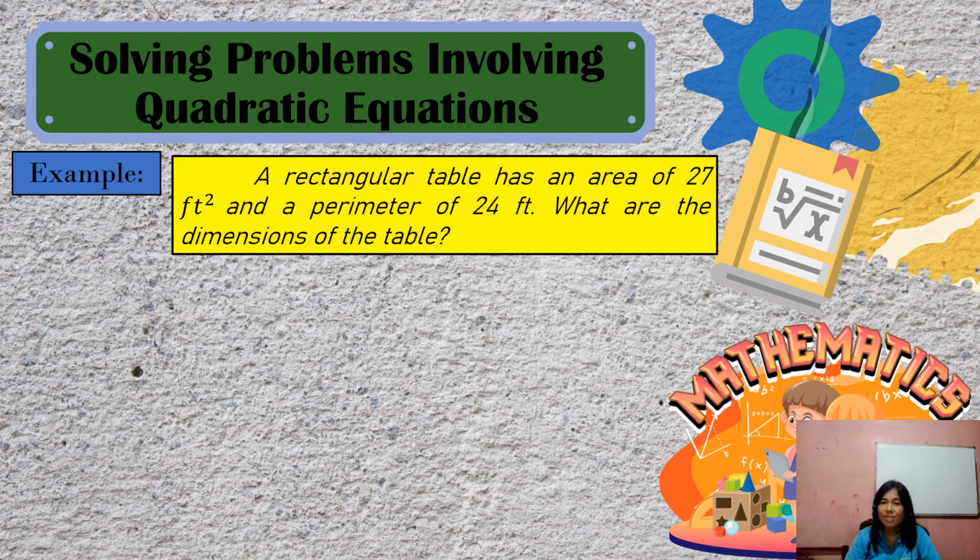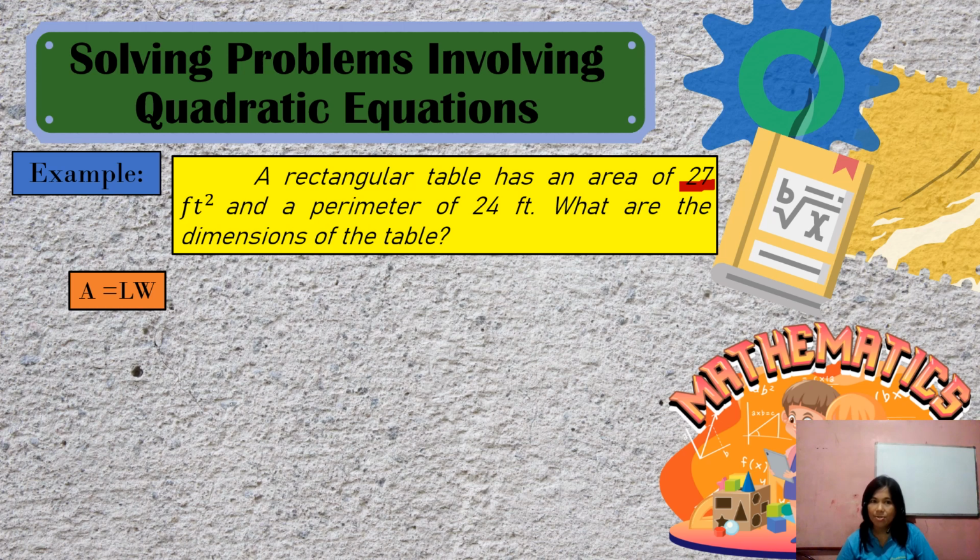Okay? So, magsimula tayo dun sa ginawa natin earlier. Translate muna natin yung problem para makagawa tayo ng equation. Unang sinabi is area. Okay? So, area is length times width. Yung area daw is 27.